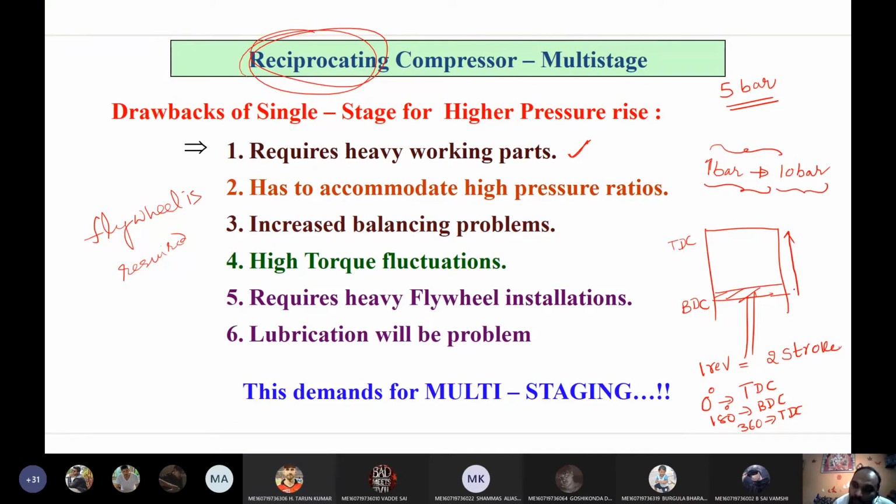No. So the velocity of the piston is not at all uniform. The velocity is fluctuating. At 0 degree, at 180 degree, at 360 degree, the piston is changing its direction.